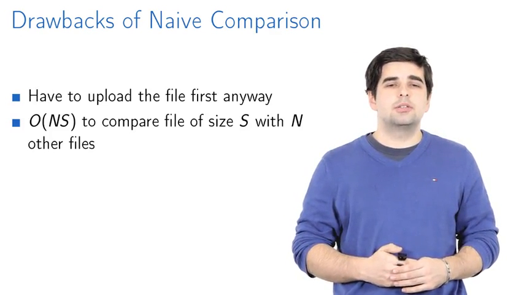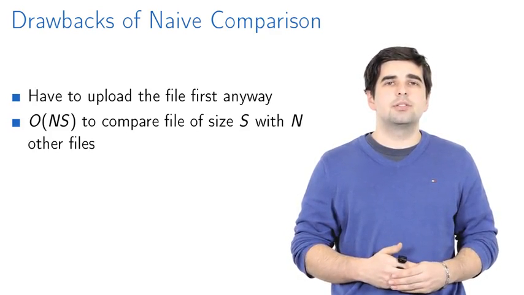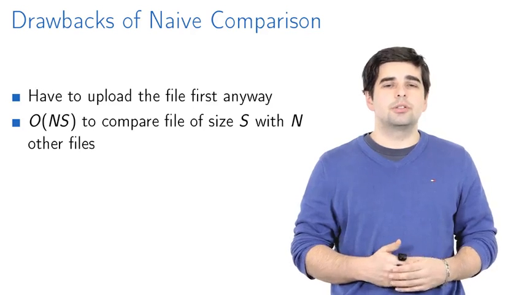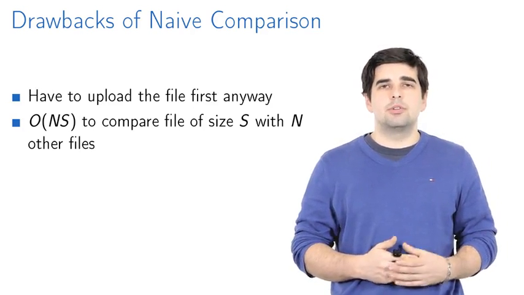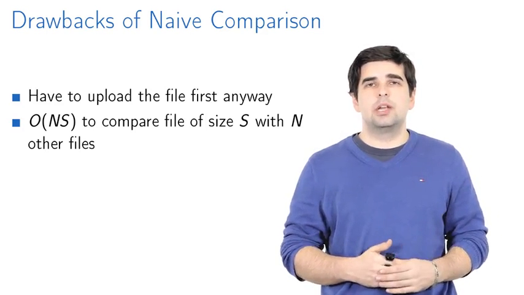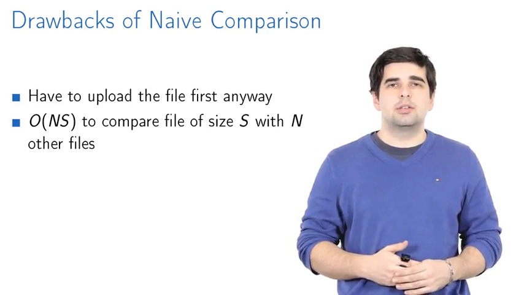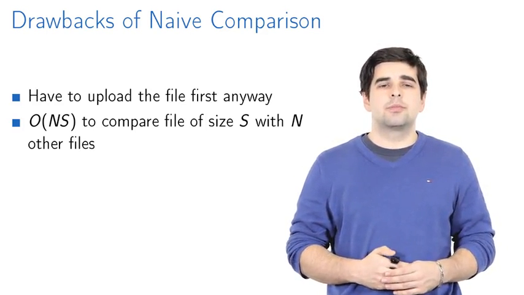And second, to compare a file of size S with n other files takes time proportional to the product of n and S, and that can be huge, because the number of files in Dropbox or Google Drive is probably on the order of hundreds of billions or even trillions, and uploaded files are often also very large, like gigabytes.